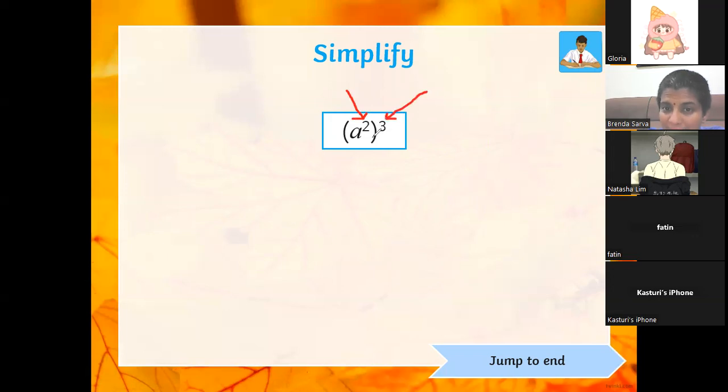Now, if you have a bracket and there are two indexes, the bracket means multiply. So it will become a to the power of 2 times 3, which is 6. Got it? A to the power of 6. Well done. Let's see if we have more questions like that.